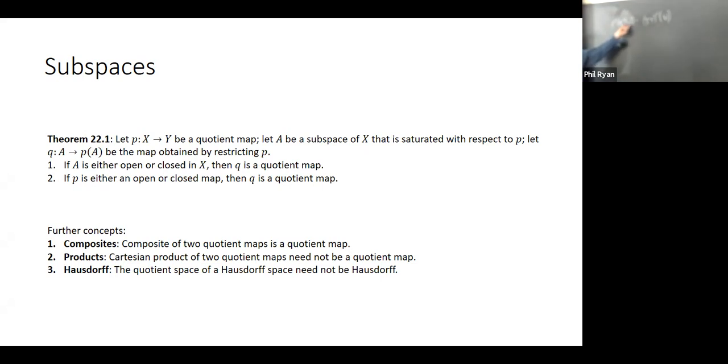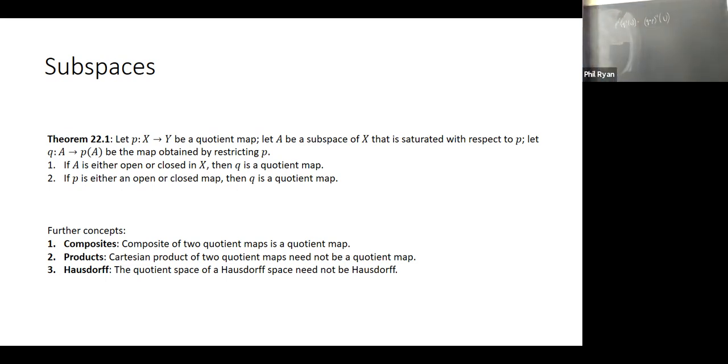If U is open, Q inverse U is going to be open, and then P inverse U is going to be open, and then you can go the other way because the map is a composite, because the maps are quotients. So you can just pull open sets back and forth between the two. And so composition.